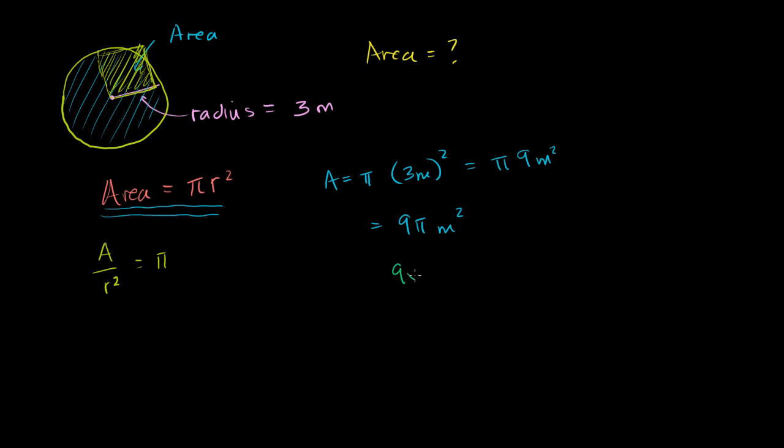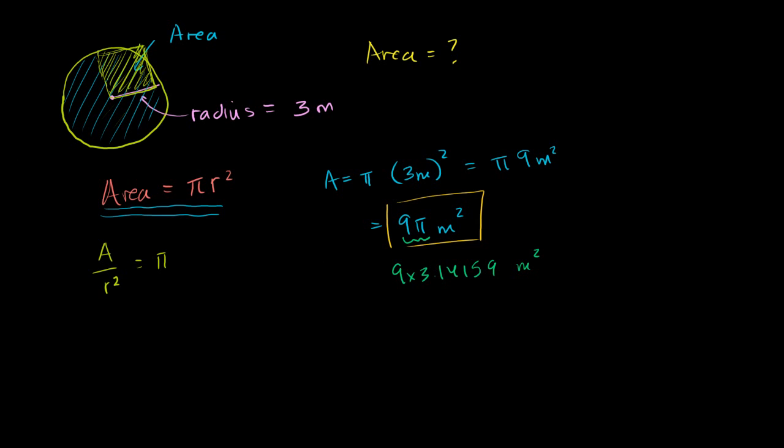But this is the same thing as 9 times 3.14159, which is probably going to be like 28 point something meters squared. Just remember, this is just some number, and it's not 9. It's actually closer to 28, because it's going to be 9 times 3.14159. But we just leave it like that. And that normally will be good enough for you to say, hey, that is my area, 9 pi.